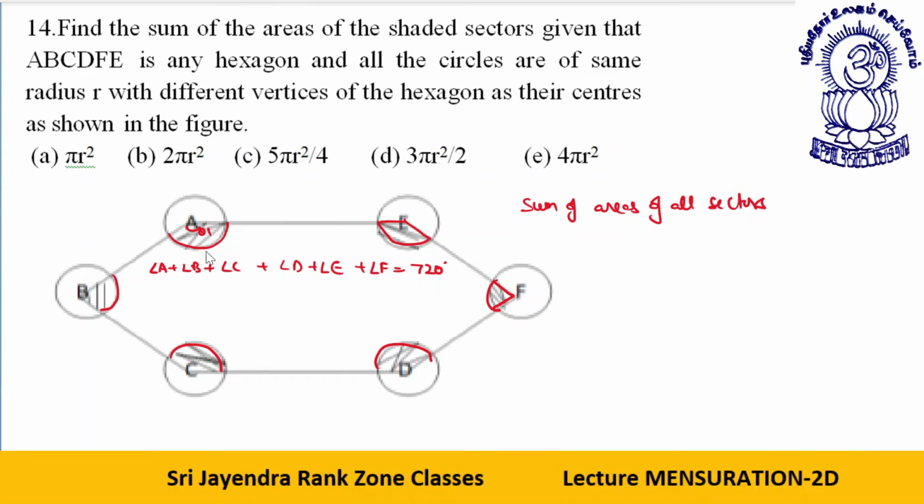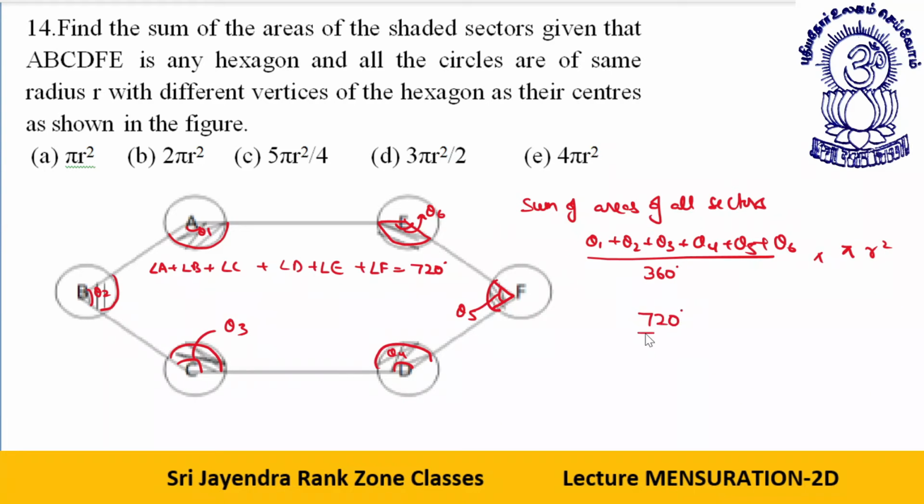If I say this angle is theta 1, this angle is theta 2, theta 3, theta 4, theta 5, theta 6, that will be theta 1 plus theta 2 plus theta 3 plus theta 4 plus theta 5 plus theta 6 upon 360 degrees into pi, radius is r, pi r square. Or the sum of all the angles is 720 degrees. So this is equal to 2 pi r square. I hope this much portion is clear to everyone.